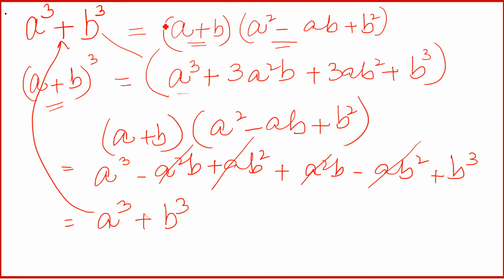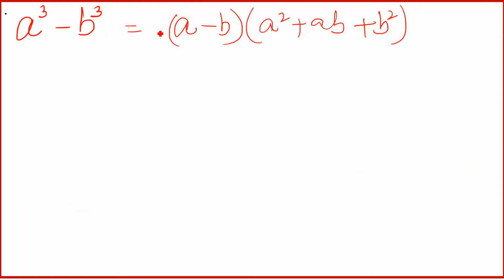If it is positive, it is (a plus b) into (a square minus ab plus b square). But here it is minus. Individually it is a cube and individually b cube, so we can expand it into parentheses: first is (a minus b) multiplied by (a square plus ab plus b square). If you want to prove it, just multiply these two parentheses.